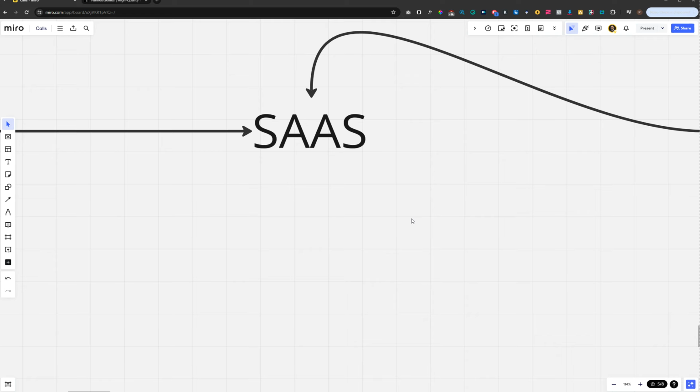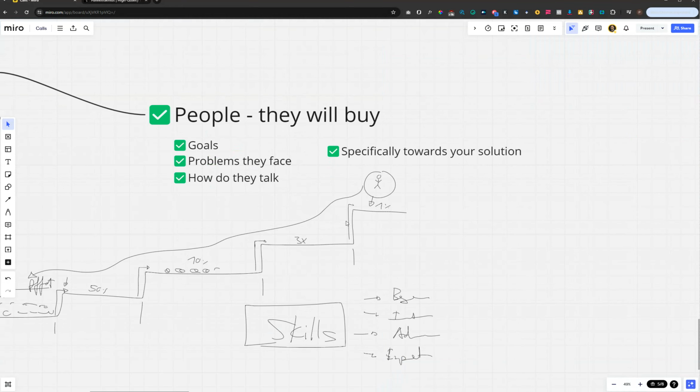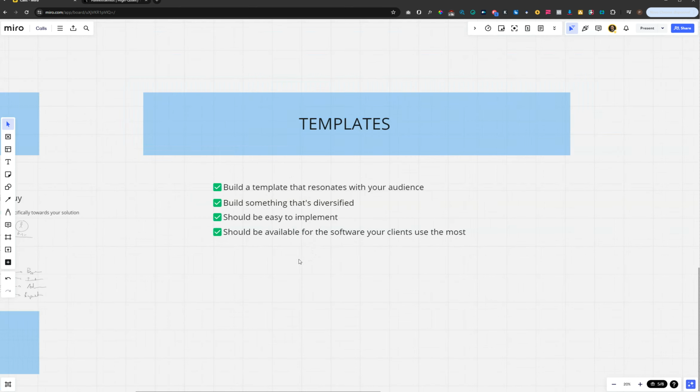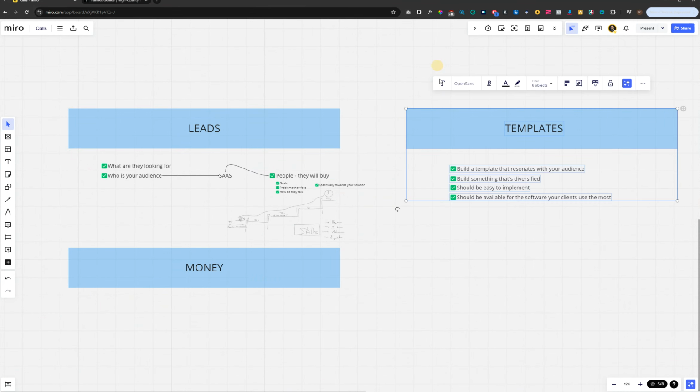They use Webflow. If you build a template for, I don't know, Shopify, and your clients use ClickFunnels, they don't care. They're not gonna buy. Okay? So you also want to do research on this part. So this is all about templates.